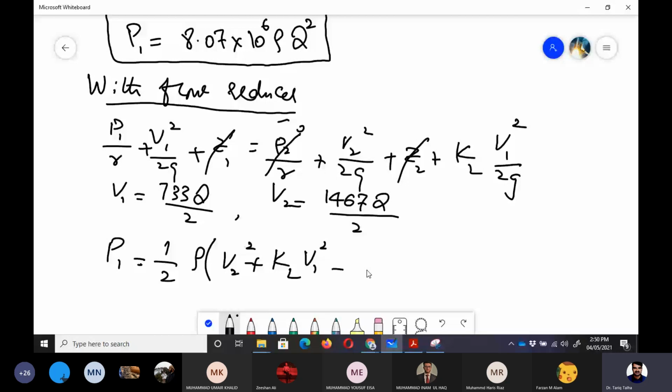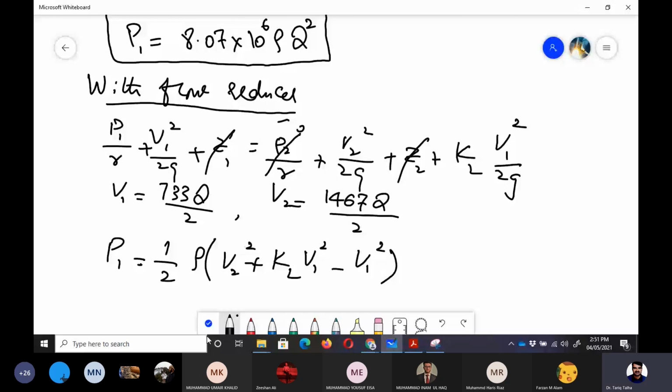Right, this KL V1 square comes from here, and where did this 2g go? This is the 2 here, and g would be cancelled when gamma, that is rho into g, is multiplied, so g, the gravitational constant, would be cancelled there. Now we can put the values of V1 and V2, and we can put this V1 value here. So that's what we are going to do.